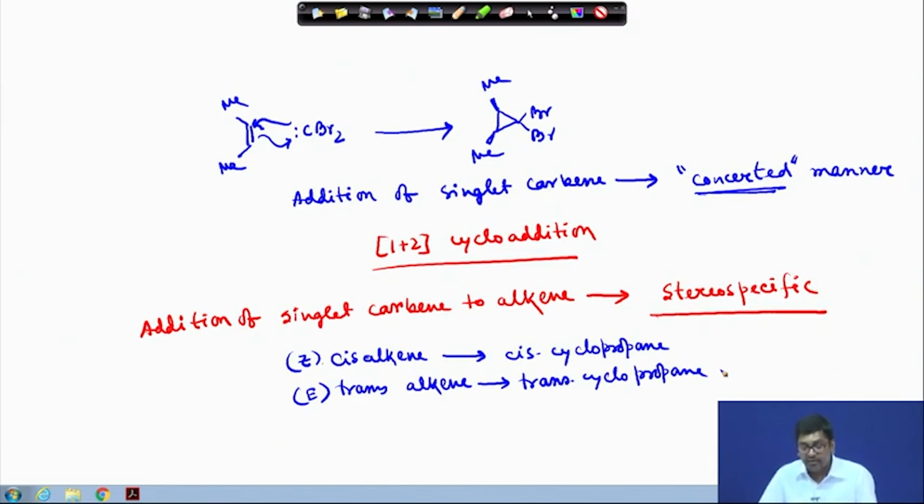then the reactions are highly stereospecific. That means, if we start with a particular stereochemistry of the starting material, that will give the product with a particular stereochemistry. So, overall the geometry of the starting material is preserved in the product, fine. And similarly, if we start with a trans alkene, we get the trans cyclopropane.